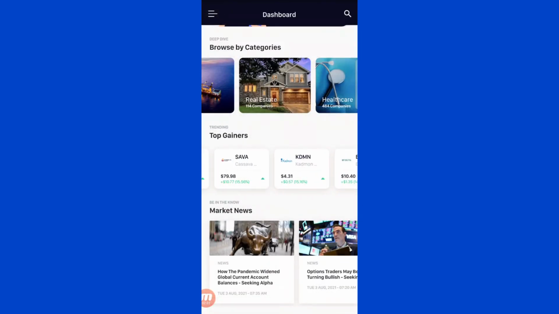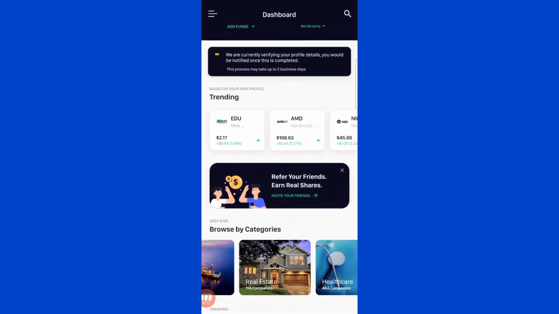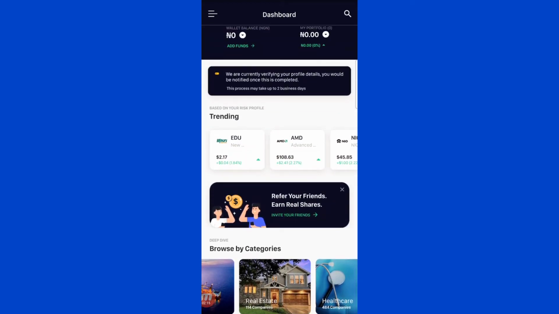Sorry about that, the last trading session. And of course, market news is shortly followed by the top gainers, and that's basically what we can see here in the Trove stock trading app landing page.